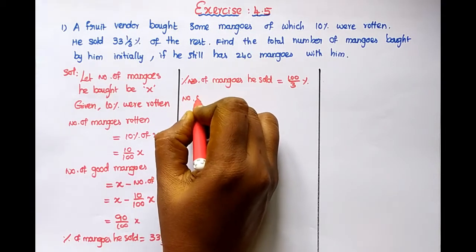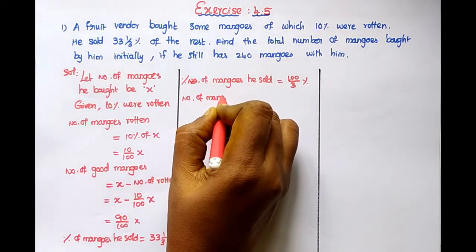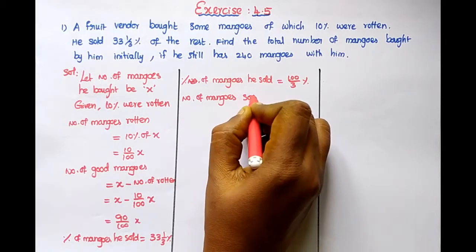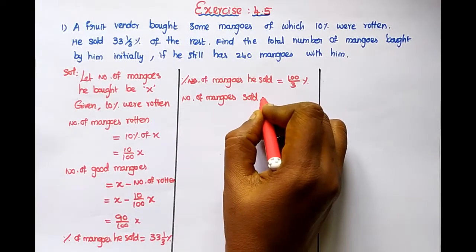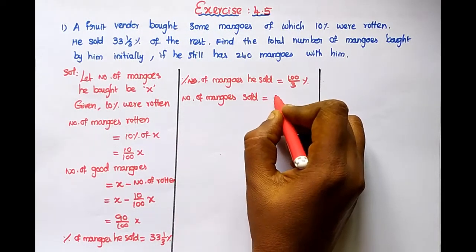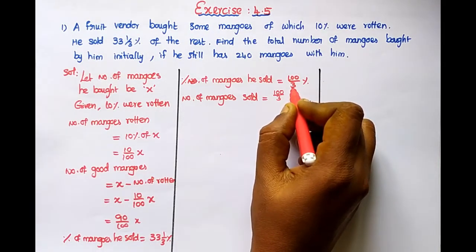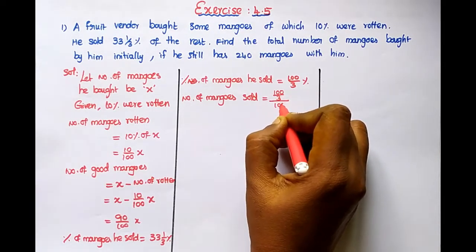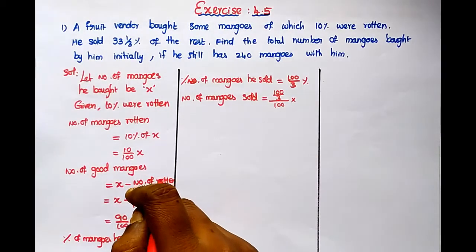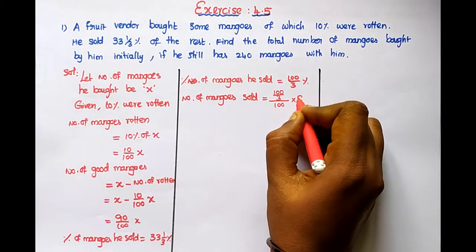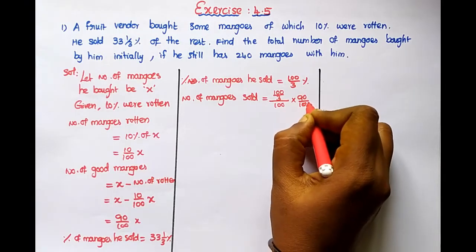Now, number of mangoes sold. They given only percentage. So, number of mangoes sold means 100 by 3 percentage means 100 by 3 by 100 into good mangoes. So, 90 divided by 100 into x.